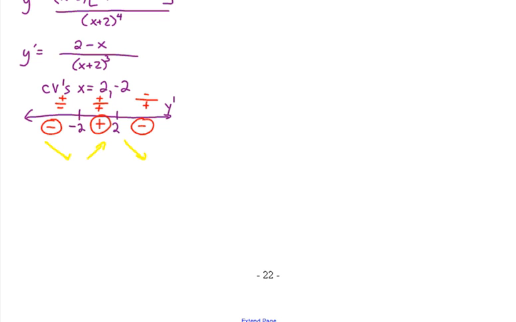Choose green. We had it at negative 2. You'll find that when you try to test it, that was a vertical asymptote. So we have actually only a local max at 2.